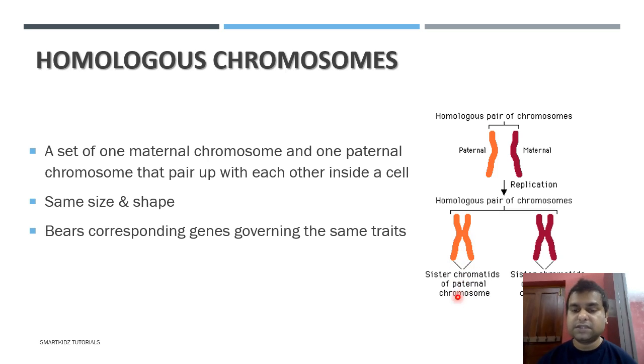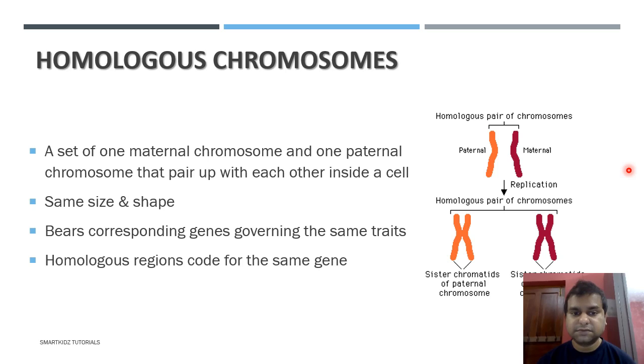Replication means one becomes two, like a clone that is formed over here. This is the maternal chromosome getting replicated, and this is the paternal chromosome getting replicated. So one maternal chromosome and one paternal chromosome pair up with each other inside a cell. Homologous regions code for the same gene.